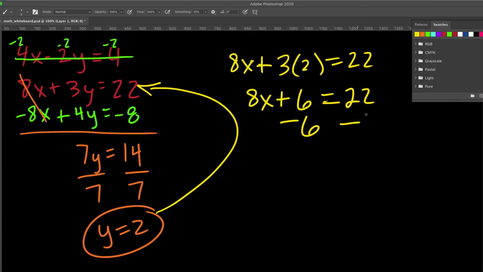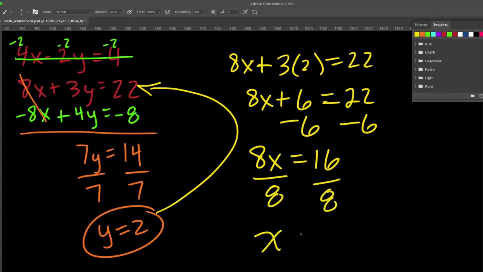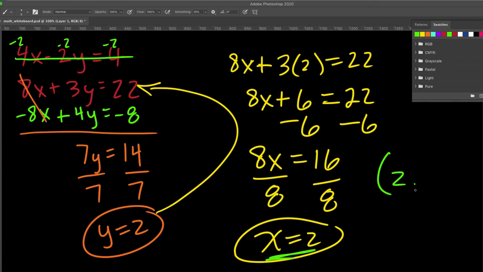Subtract 6. And that's going to give us 16 divided by 8. x equals 2. And then make sure, even though we found y first, we always put x first. Well, they're the same in this case. But we put x first, and then we put our y.